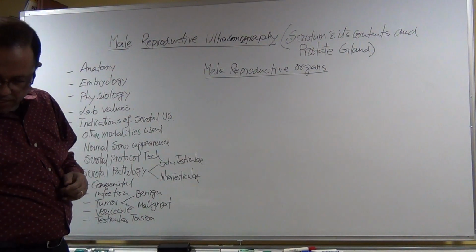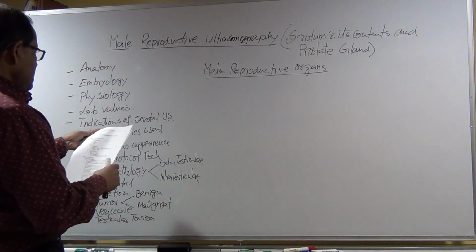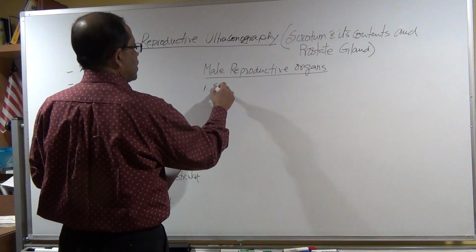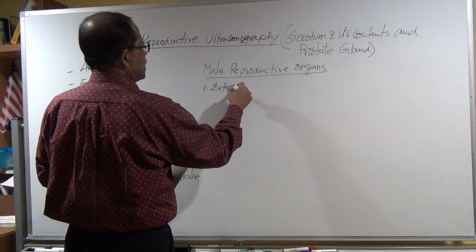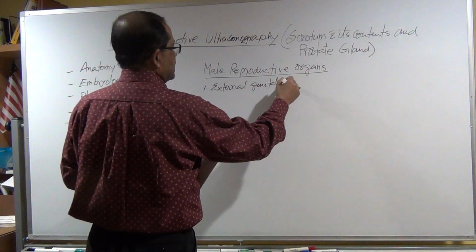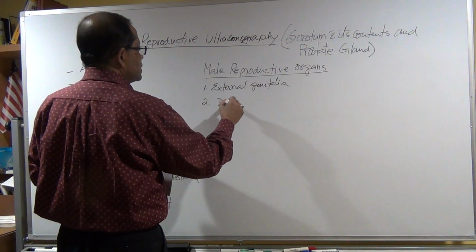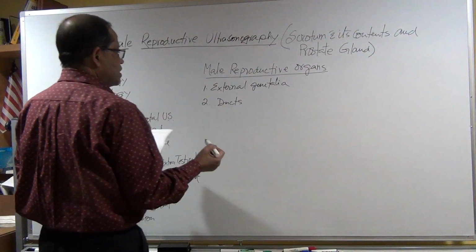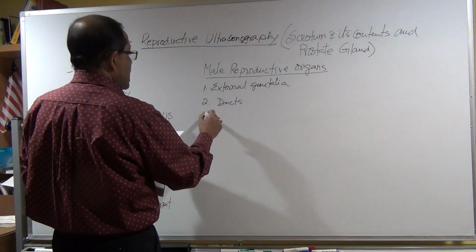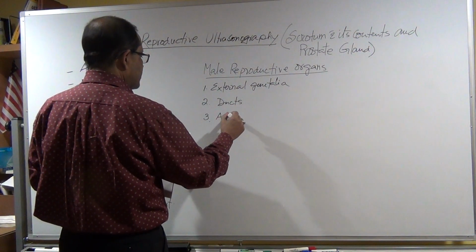We will cover, number 1, the external genitalia; number 2, the ducts, there are 4 ducts we'll discuss; and number 3, accessory glands.